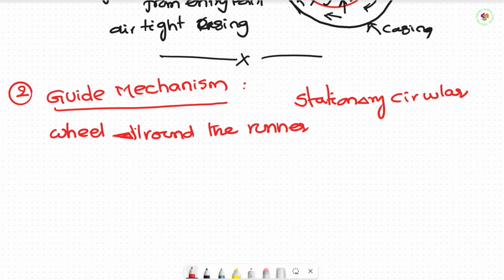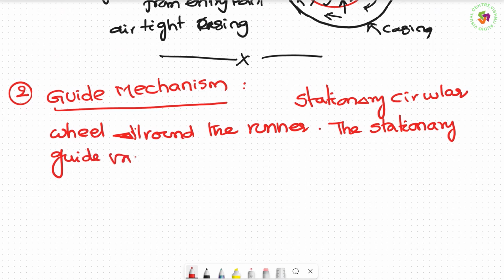It's a wheel like thing actually. And what will be there on that actually? The stationary guide vanes are fixed on this circular wheel.